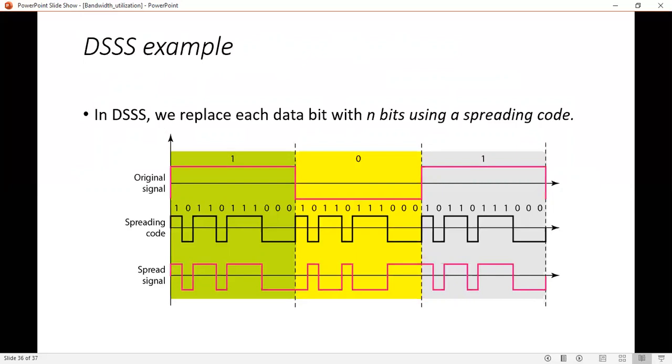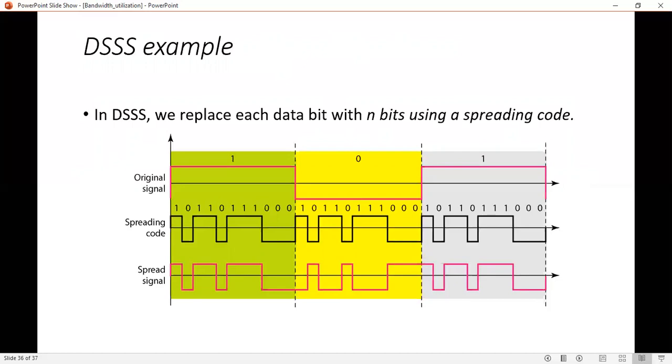Now see this figure clearly, where you have the original signal 1 0 1, the digital signal. And you have the spreading code of 11 bits, 10110111000, followed by the spread signal. How is the spread signal generated? When the original signal bit is 1, the spreading code remains as it is.